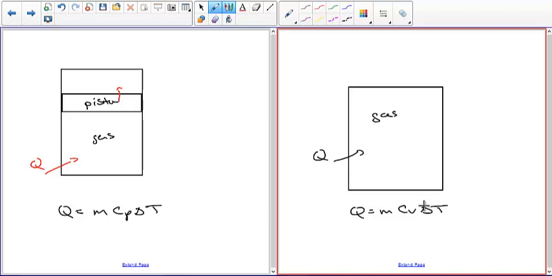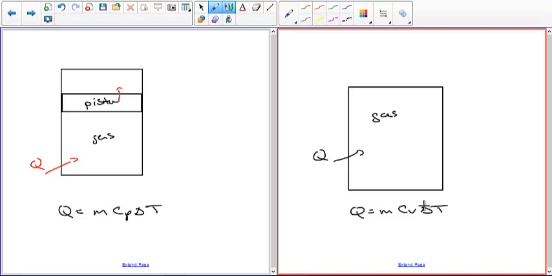You can't really do that with solids because there's no piston to move. It's fixed. It doesn't change in volume. And in liquids, it's pretty close to the same thing because the volume of a liquid doesn't really change much with pressure. So it only applies to gases that you have these two different kinds of specific heats.